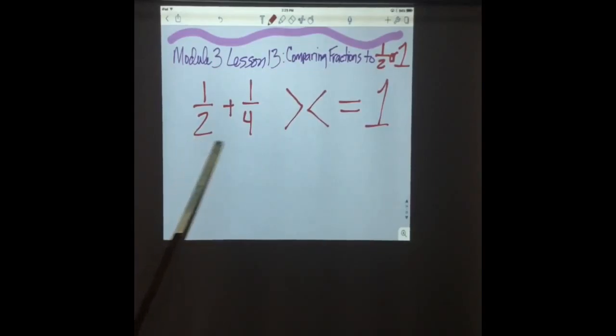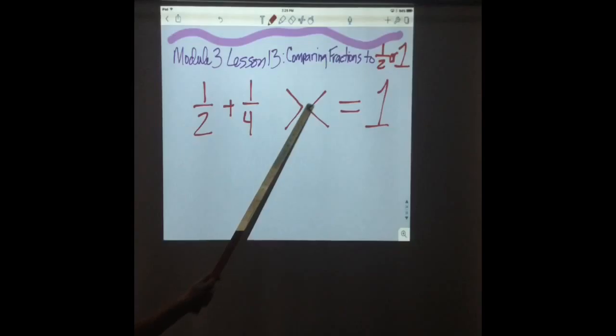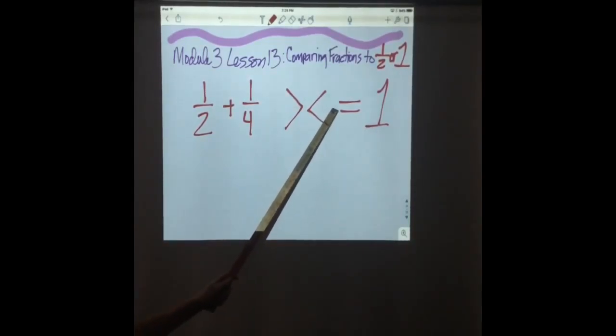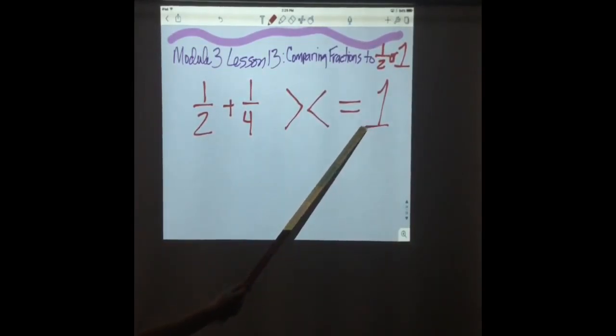So we're going to ask ourselves, is a half plus 1/4 greater than, or is it less than, or is it equal to 1? Which one of those would it be?